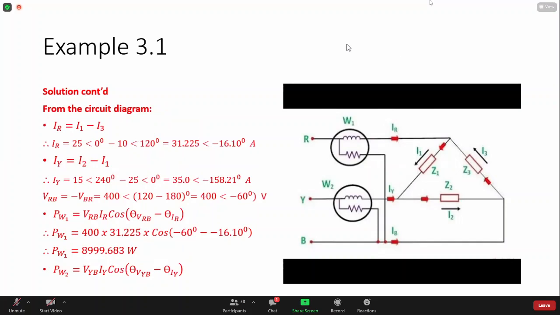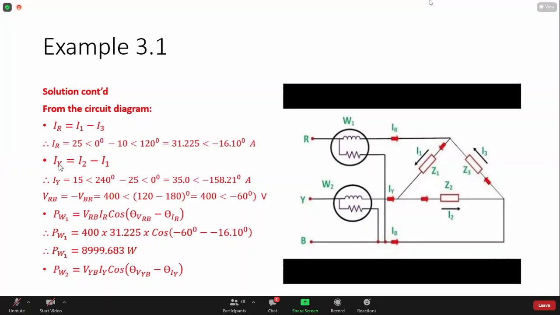All right, so we needed to find IR. So we'll go back to Kirchhoff's law and look at what's happening at the nodes. So IR plus I3 would be equal to I1. Therefore IR is equal to I1 minus I3, and that works out to be 31.225 at angle minus 16.